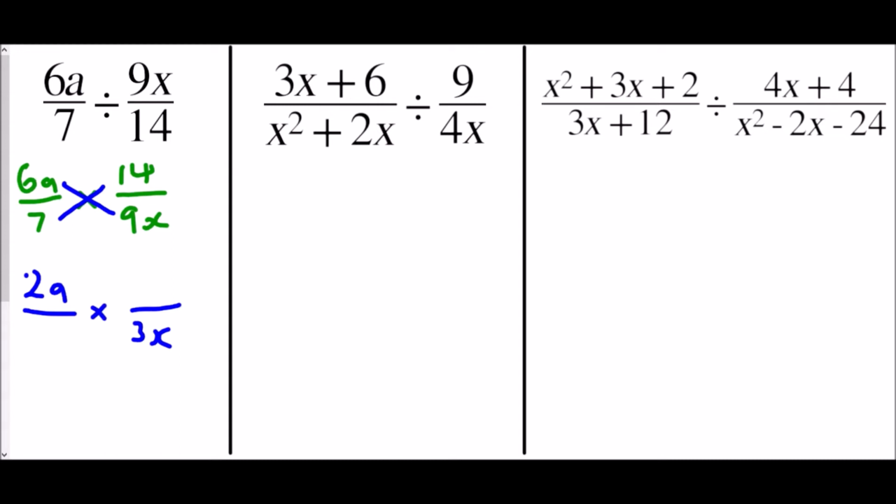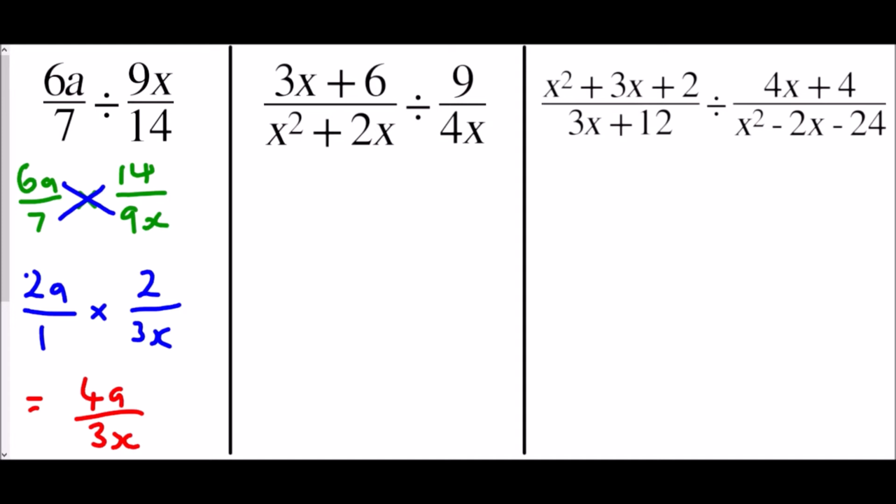And what is the common factor between 7 and 14? Well, the common factor between 7 and 14 would be 7. So I divide by 7 in both cases. And now all I need to do is multiply across the top, multiply across the bottom. So 2a times 2 is 4a, and 1 times 3x is 3x. So that would be 4a over 3x.